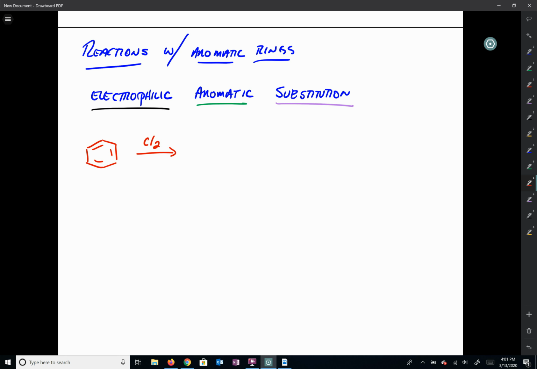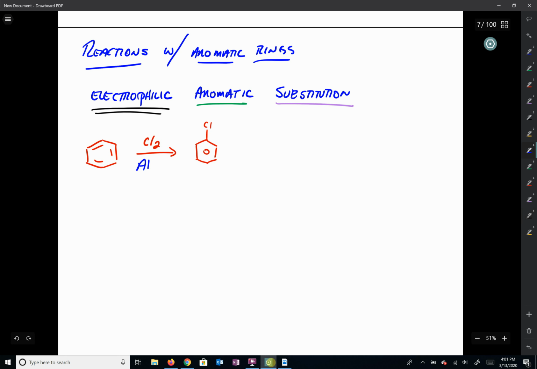But the idea is this: I want to add a halogen to my aromatic ring, okay? Now to do that, I have to have a good electrophile. And just Cl2 by itself is really not a good electrophile, okay?